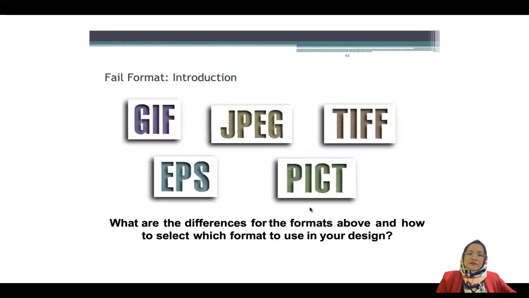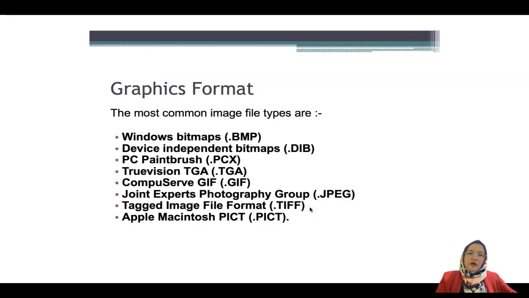I've explained just now, and there are different formats for graphics. There's GIF, JPEG, TIFF, EPS, PICT. So all depends on the software that you use, and it depends on where you want to post the graphics later on. The common one like Windows bitmap, BMP, DIB, a lot actually, more than have been shown here.